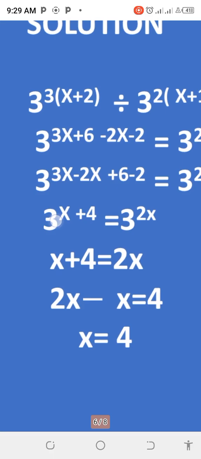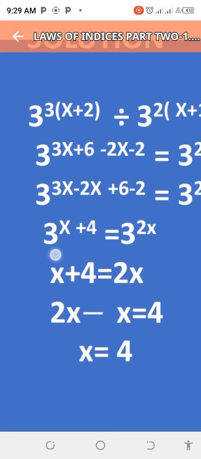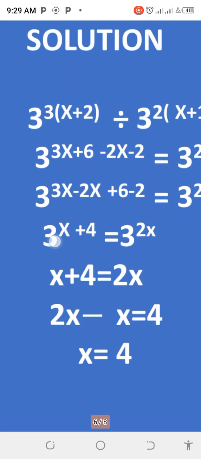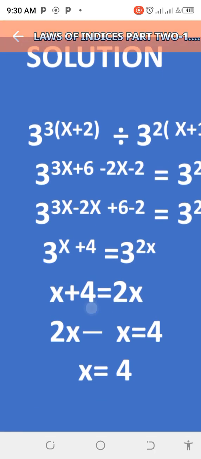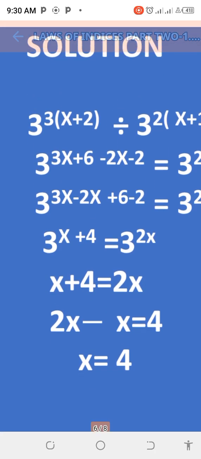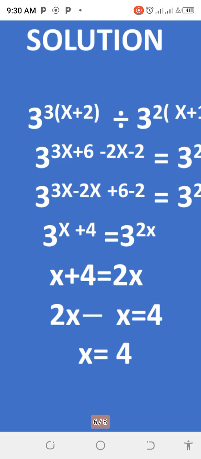Now the 3s cancel out themselves. When 3 cancels 3, we are left with x plus 4 is equal to 2x. Then you take like terms together.